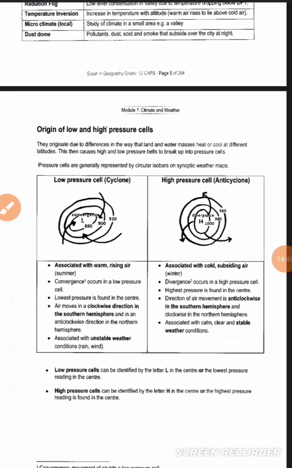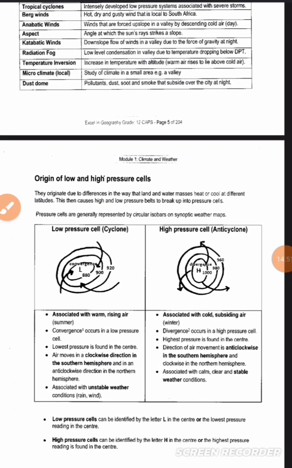So I've already explained the differences, the origin of the low pressure and high pressure cells.